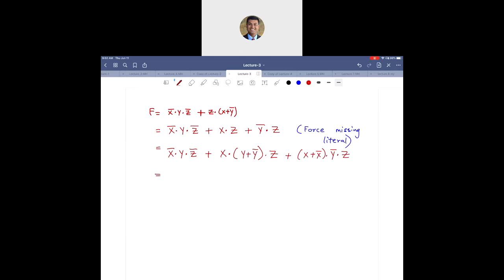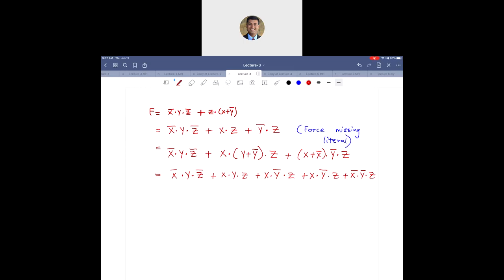Next, I'm going to expand this into x y z, x y complement z, x y complement z, x complement y complement z. Done. Are there any terms that are identical? Let's see.